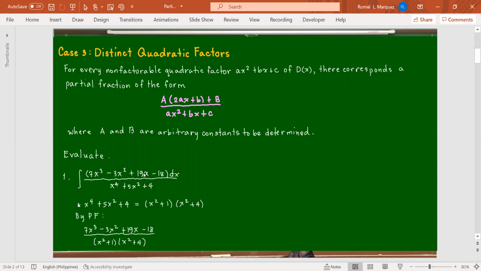These are factors of the original denominator. When decomposed, this will give us two partial fractions of the following forms. The first corresponds to x squared plus 1, the first quadratic factor in D(x). So we have A times its derivative, and its derivative is 2x, over that quadratic factor, which is x squared plus 1.